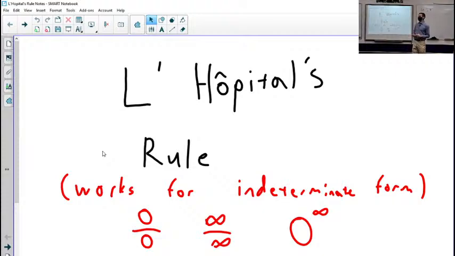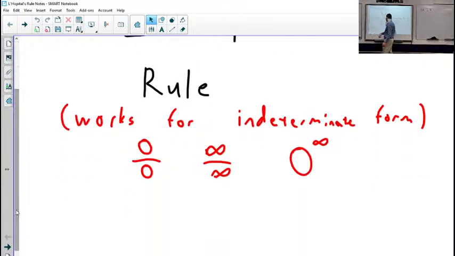It's called that because we can't determine what the number is that the limit would be. So this is for simplifying to things like 0 over 0, infinity over infinity, 0 to the infinity power, things that you wouldn't be able to know what the number is. Basically, mixtures of zeros and infinities.